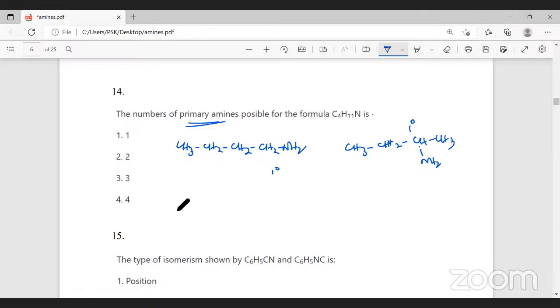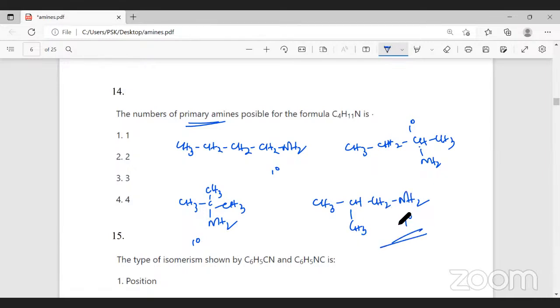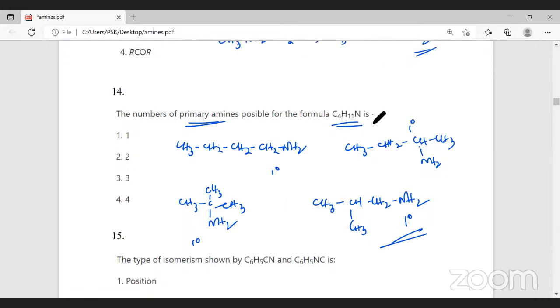Third, (CH3)3C-NH2 is also a primary amine because the nitrogen is bonded to only one carbon. Now, (CH3)2CHCH2NH2 is also a primary amine. All these 4 molecules have the molecular formula C4H11N. Therefore, the number of isomers possible is 4.